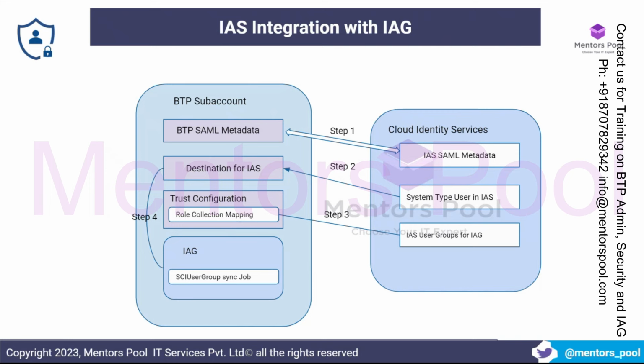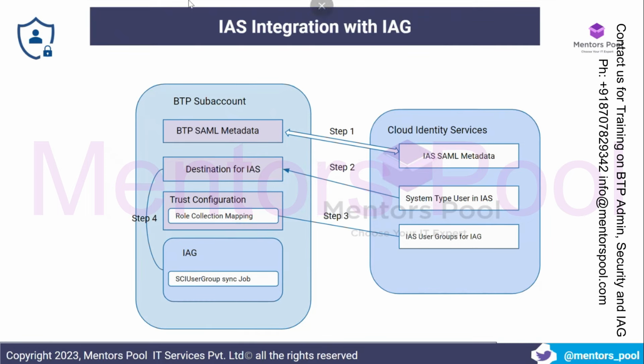Then IAS will first get integrated with that sub account, and then the particular business application, it could be IAG, Business Application Studio, or SAC, any of those applications can use that connection which is created. Here you can see a diagram where we are trying to integrate IAS with IAG, in which the first step is integrating IAS with our BTP platform.